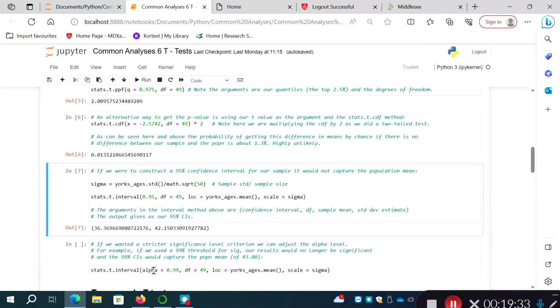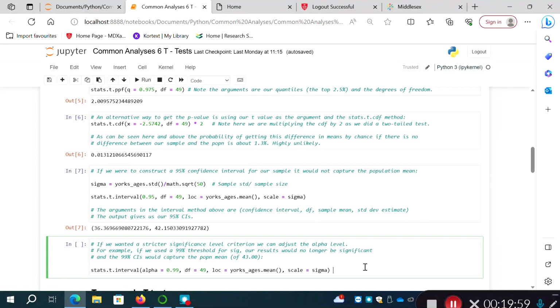I've written it in a different way here. Before, I didn't put alpha equals there; I just specified the 0.95 value. But here I've put alpha equals 0.99. So I'm saying we're only going to accept a statistically significant difference if there's a 1% or less chance of seeing that difference. And we know that it's slightly above 1%.